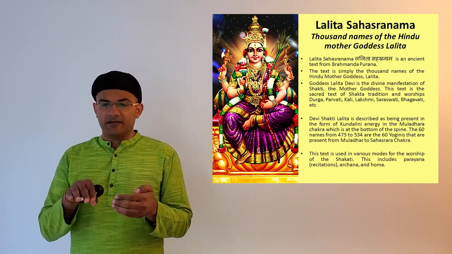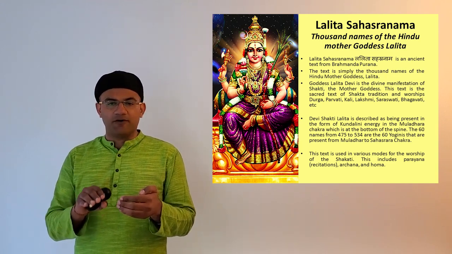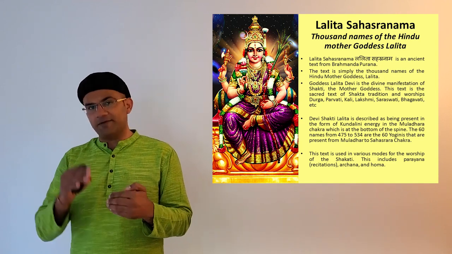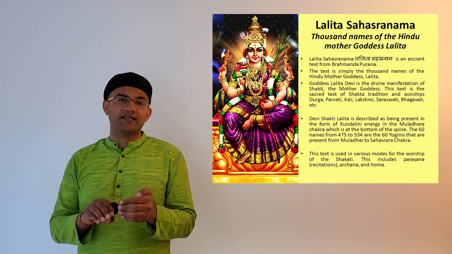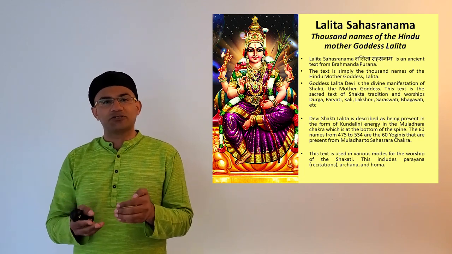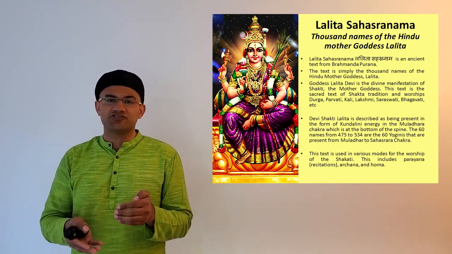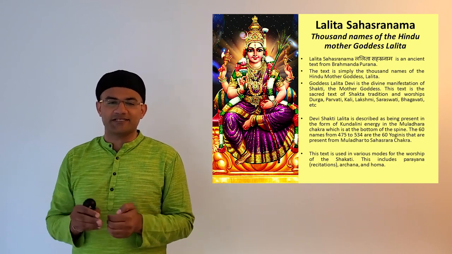And then the 60 names of the yoginis, from 475 to 534 in the list of 1,000 names, are the 60 yoginis that are present from Muladhara to Sahasrara chakra in the Kundalini yoga system.